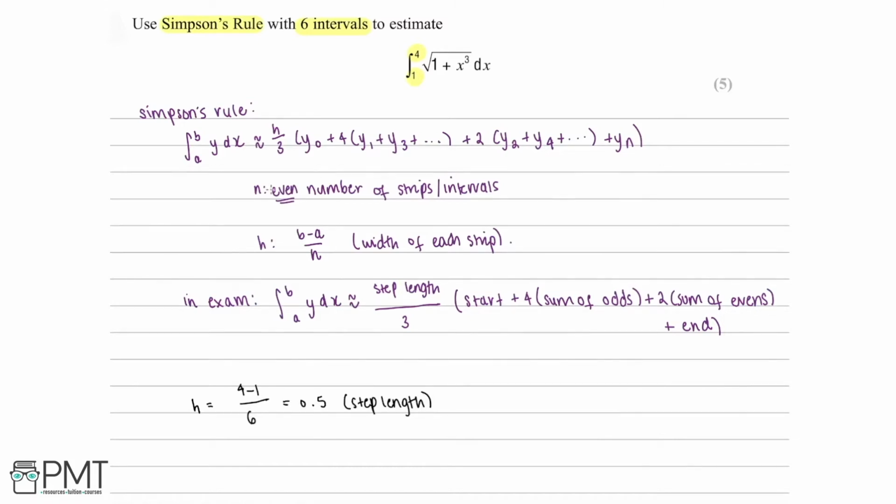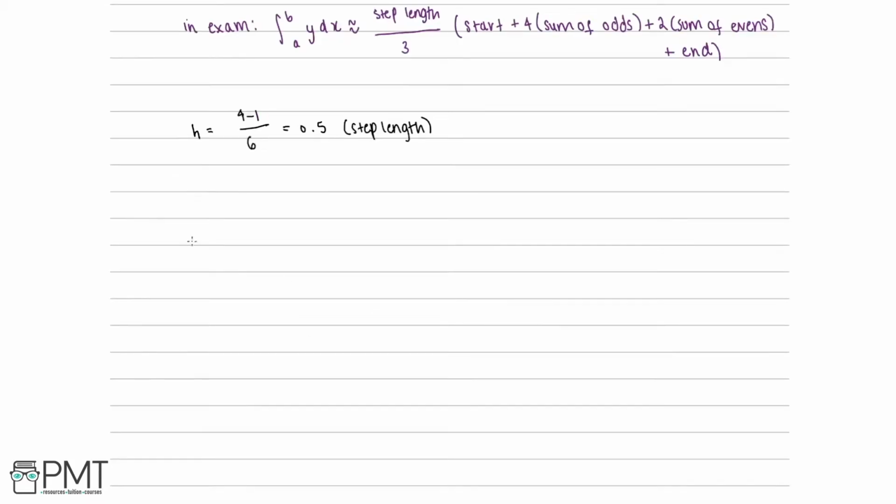So now we need to find the y values corresponding to the correct x values. In order to do this, let's set up a table. We have x over here and y over here. We want to find the values of y which correspond to each section of our interval.